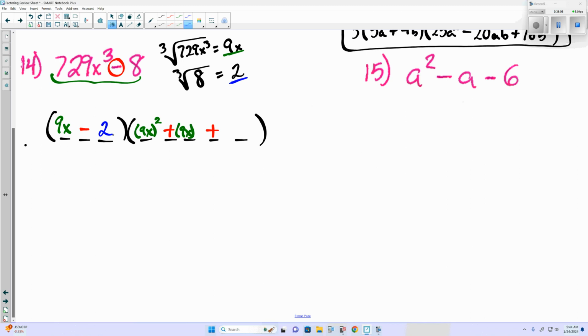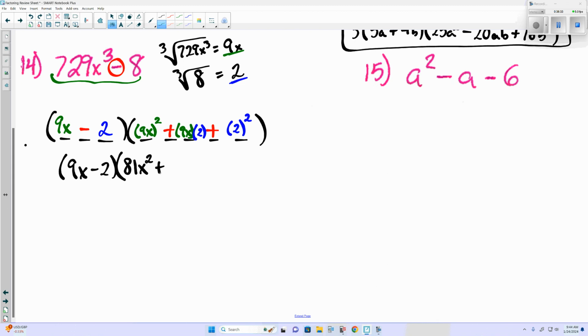Now we're going to plug in our second term of 2. Middle would have 2 to the first. And the last one, we would have 2 squared. In our simplified form, we'd have 9x minus 2. 9x squared, so really, we're doing 9x times 9x. 9 times 9 is 81, and x times x is x squared.